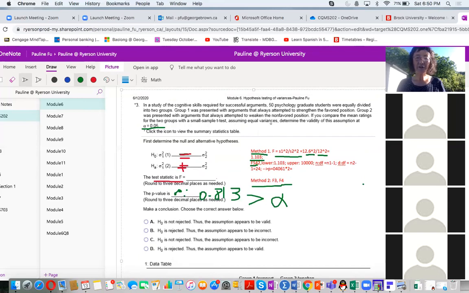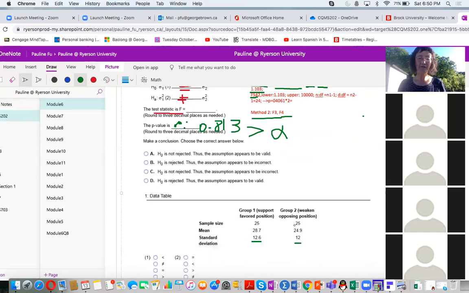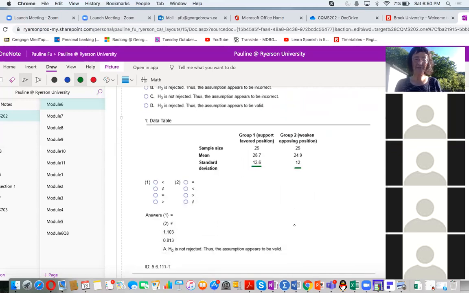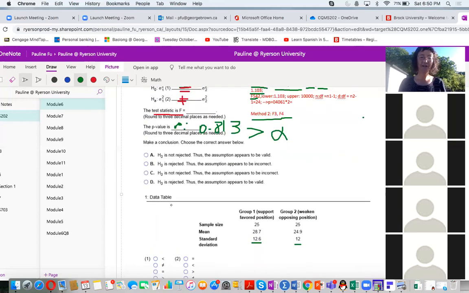Assume equal variance, that is the assumption, means assumption appeared valid. So A is the correct answer. Do not reject H0. Two population variances are equal.